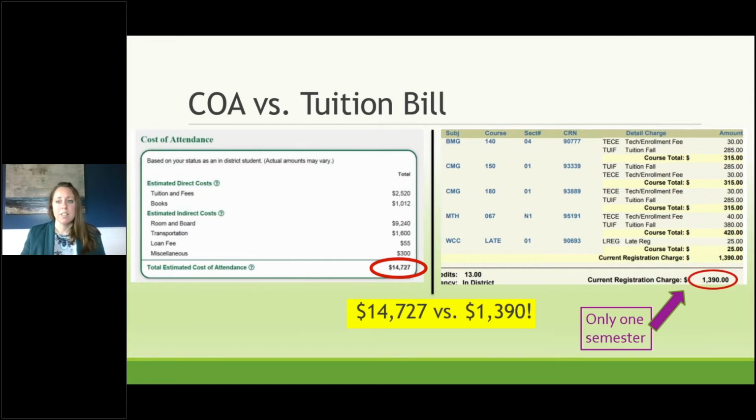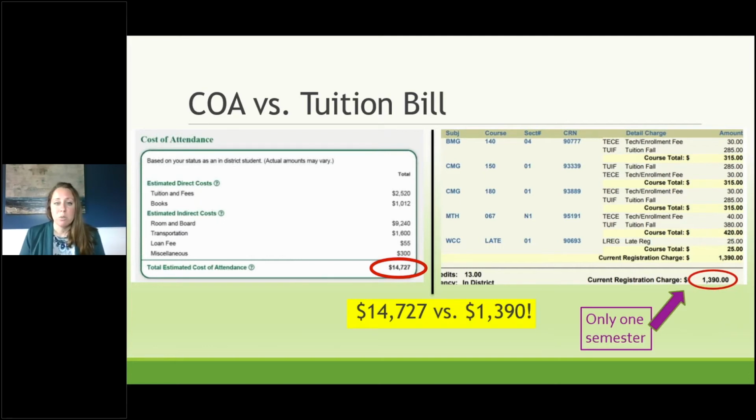There are lots of factors that can affect the COA, but for a standard in-district student, it's $14,727. Does it really cost $14,000 to go to WCC for a school year? Probably not. For a lot of students, it's not going to come anywhere near there. But just to factor in all that information, that's the number we're using to estimate how much a student may need.